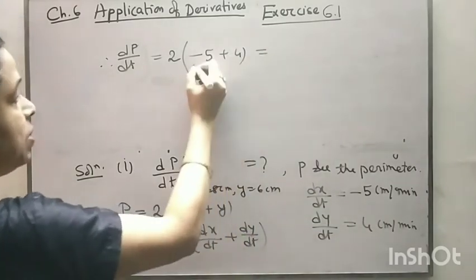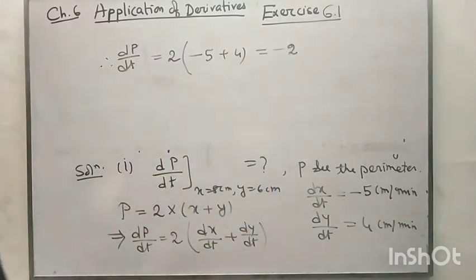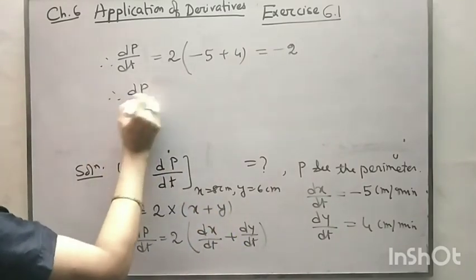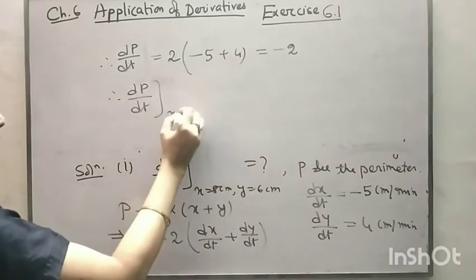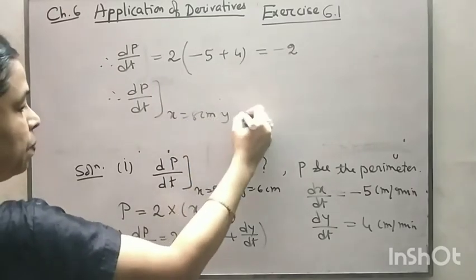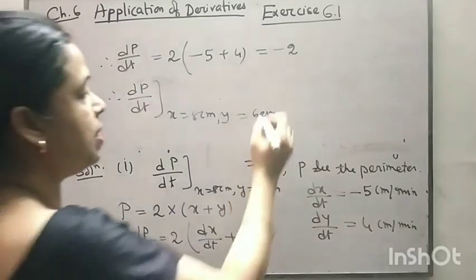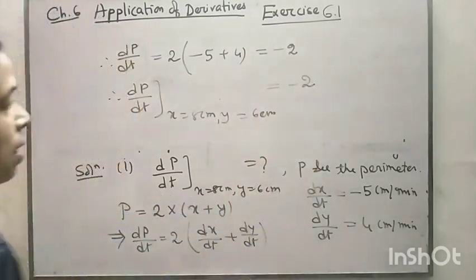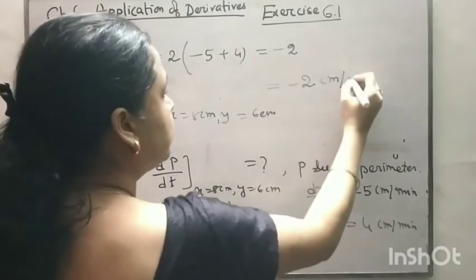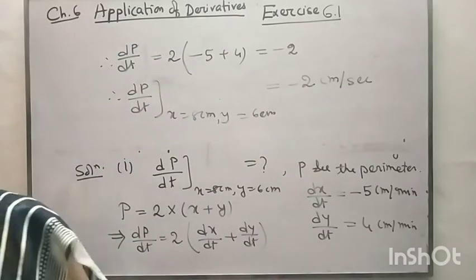So the calculated value is 2 times minus 1, that is equal to minus 2. So you have got the rate of change dP/dt is minus 2. You need dP/dt at the instant when x equal to 8 centimeter and y equal to 6 centimeter, but there is no place to substitute, still you have to write down that step. Minus 2, change of perimeter, so the unit is centimeter per unit time. Hope you understand the solution.